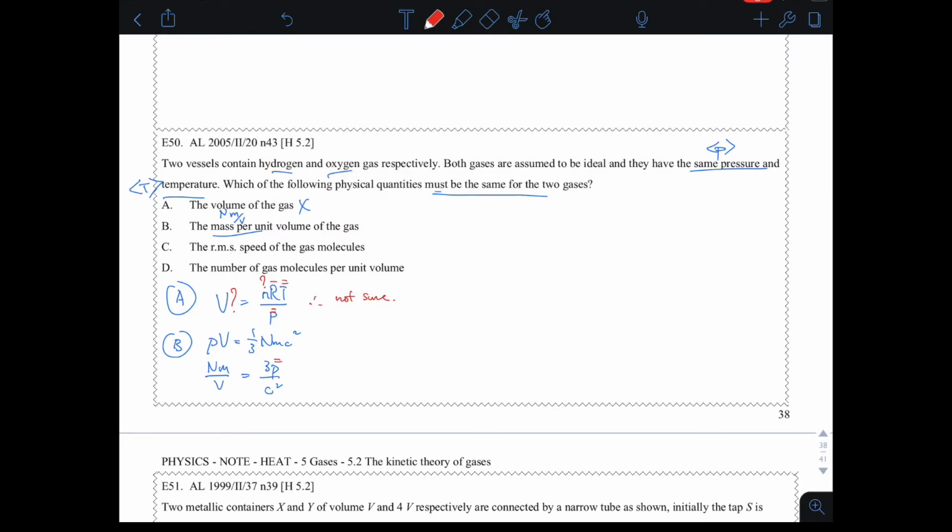Again, 3 is a constant, p is equal, and about c, C is about the temperature and also the mass of molecules, right? And here T is the same, while mass is not the same. So C is not the same.